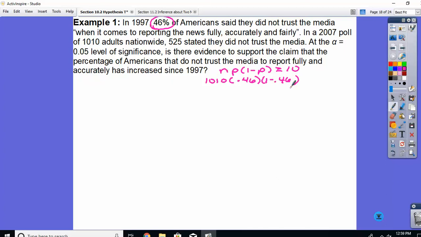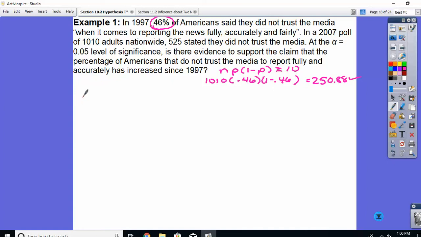So if I do that, that's bigger than 10, isn't it? I get 250.88. So that's good. We can assume, would 1,010 adults be less than 5% of the whole population? Yes. So our criteria is met.